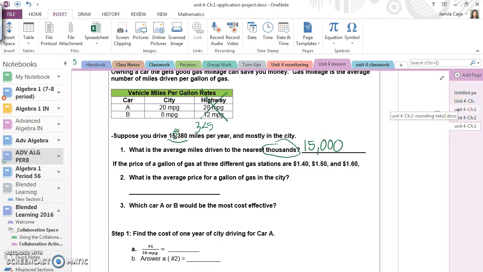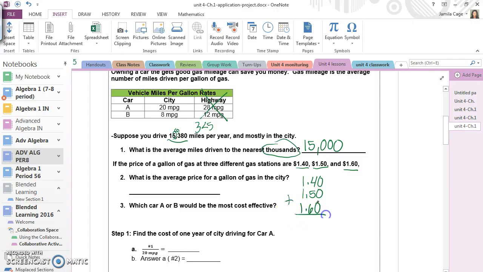Secondly, it says if the price of a gallon of gas at 3 different gas stations are $1.40, $1.50, and $1.60, what is the average price for a gallon of gas in the city? So we would take the 3 values, add them together. If you recall from your averaging lesson, you take the $1.40, the $1.50, and the $1.60.